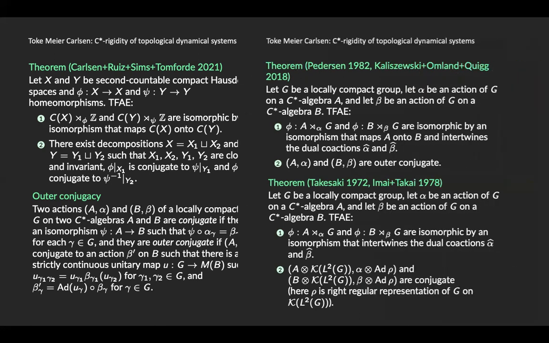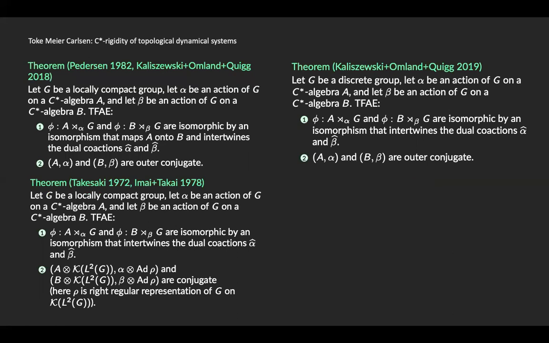Okay. So Kaliszewski, Omland, and Quigg also proved that if we assume that the group G is discrete, and we then have an action alpha of G on C*-algebra A and an action beta of G on C*-algebra B, then the cross products are isomorphic by an isomorphism that intertwines the dual coactions precisely when the dynamical systems are outer conjugate.